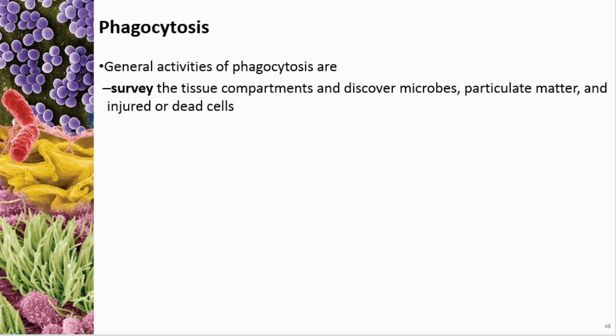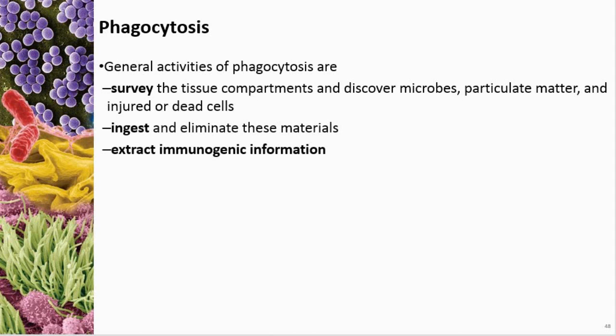They have to survey the tissues and look for the bad guys, or also injured or dead cells that are our own cells. They get marked for phagocytosis as well. They then ingest and destroy those tissues. They also extract the information, which would be the identifying markers of the bad guys, and then they will present them to the third line of defense that we'll get to next chapter.